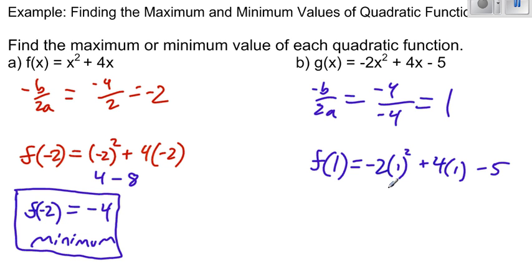Simplify that, we get negative 2 plus 4 minus 5. 2 minus 5 is negative 3. So f of 1 equals negative 3 is our extreme value. And since a is negative, that is a maximum.